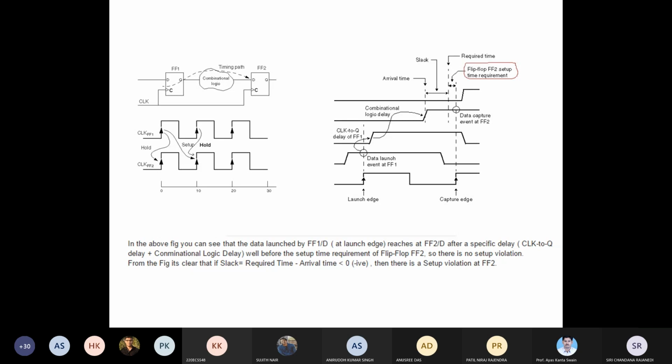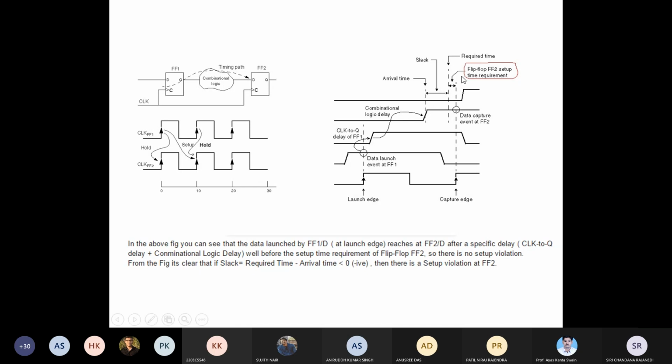But many times there may not be that much delay in the data path, so data may arrive before this, and that is called the arrival time. Since the arrival time is before the required time, it indicates there is no violation. It is already stable before your required time.